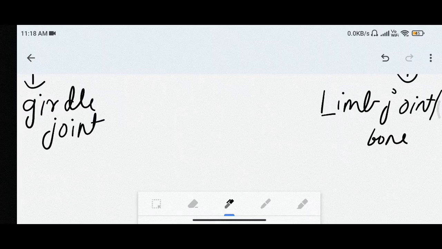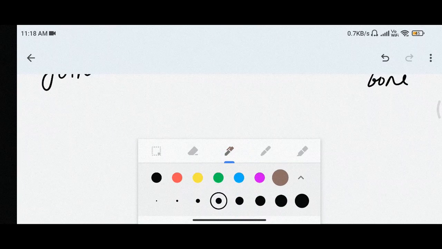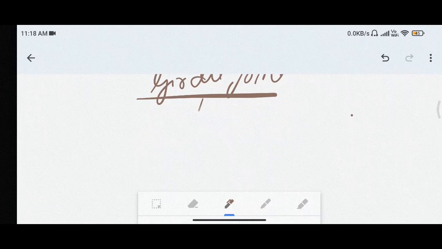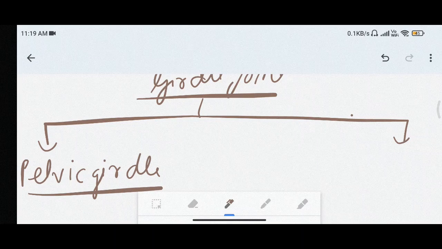So let's start with the girdle joint first. Girdle joint is again divided into two parts, that is your pelvic girdle and another is your pectoral girdle.